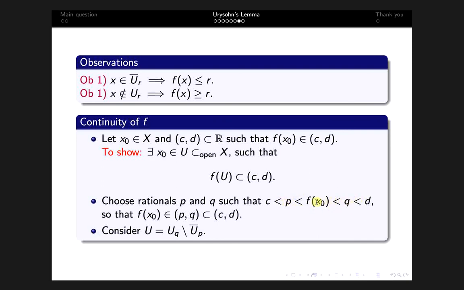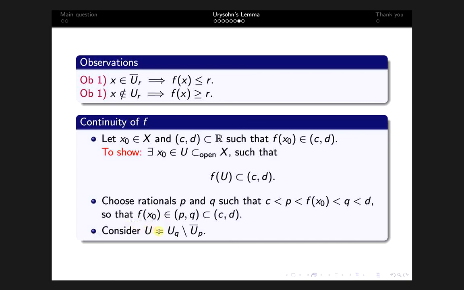And so from here you can see that f of x naught belongs to the open interval (P, Q), and the open interval (P, Q) is contained in the open interval (C, D).